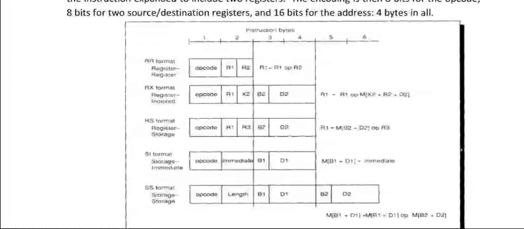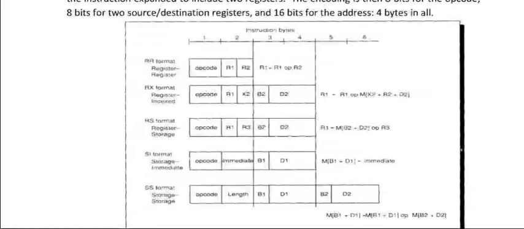And then the last type of format is the SS format, which is the storage to storage format, and we discussed that it is of total 6 bytes in length. Let's see how the division is. Opcode takes 8 bits as usual, and the length takes 8 bits, followed by, because it is storage to storage, 2 operands, therefore 2 base registers followed by 2 destinations should be given.